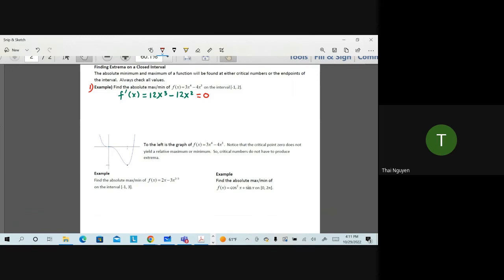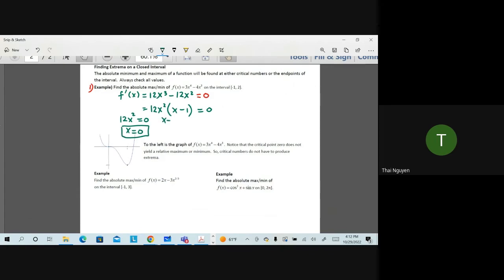I have to make it equal 0 to find the critical points, because here I don't have a rational function, so I don't have a denominator, and therefore no vertical asymptote. So not to worry about that part. So therefore there is no DNE involved here.